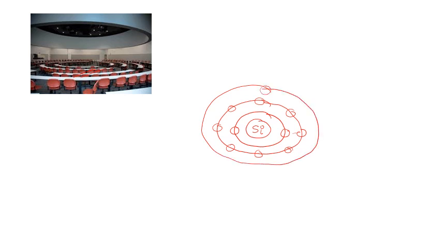The next circle around it, you can take a moment to remember how many electrons are there in this. We have a total of 8 electrons in this. So we've got 1, 2, 3, 4, 5, 6, 7 and 8. 2 plus 8 is 10. The next circle that you have, that is the last benchers of this classroom, they have a total of 4 students over here. So I have got 4 electrons.